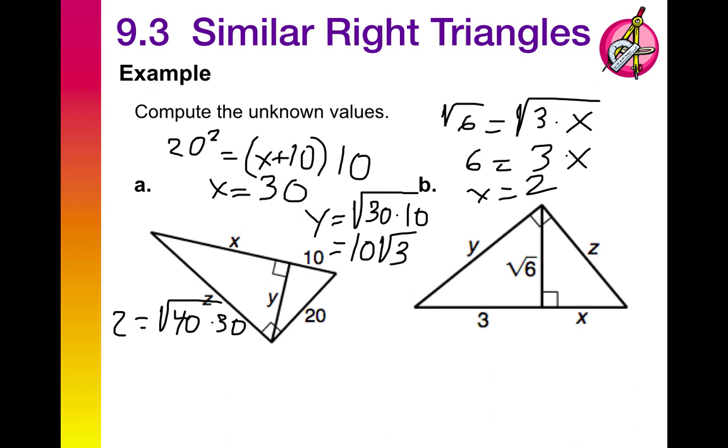Y squared is equal to the sum of these two, which is 5, times just this portion, 3. So it'll be 5 times 3, which is 15. So y is the square root of 15. And I'll leave it to you to come up with what z is going to be.